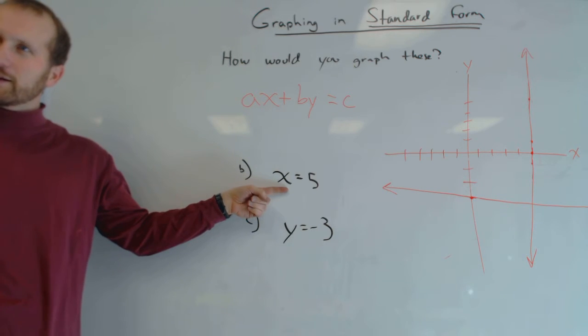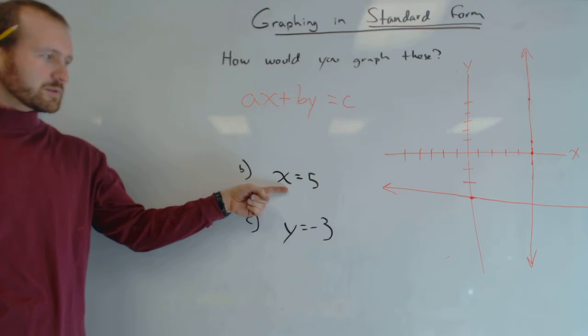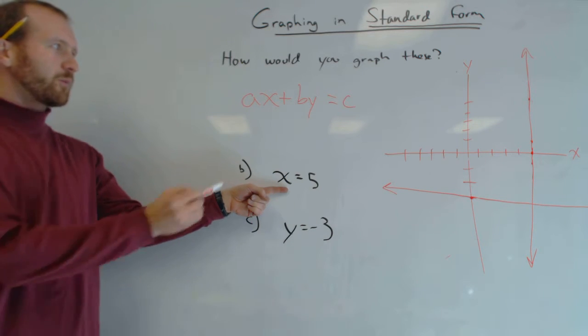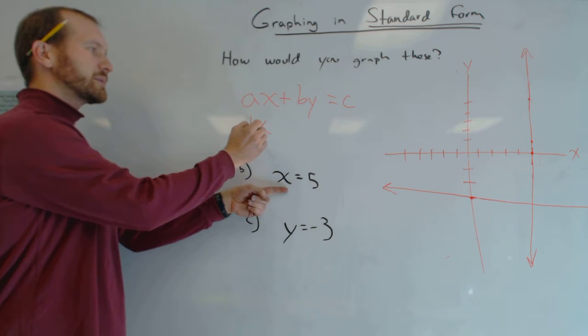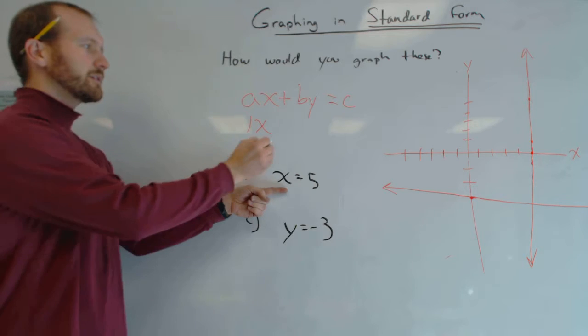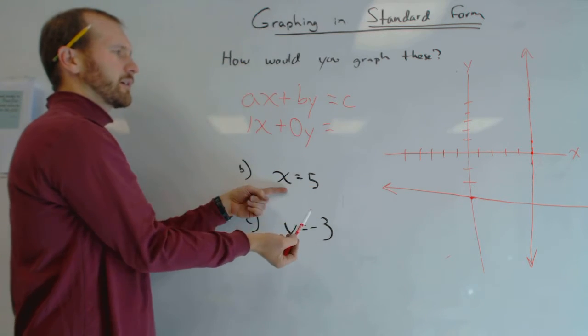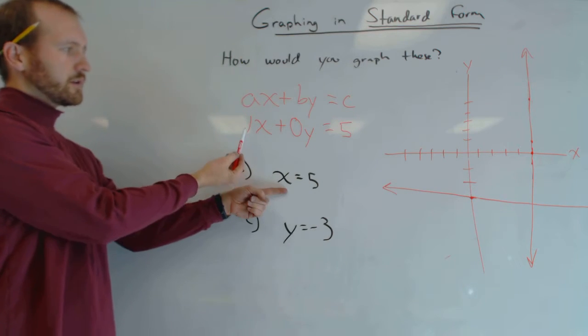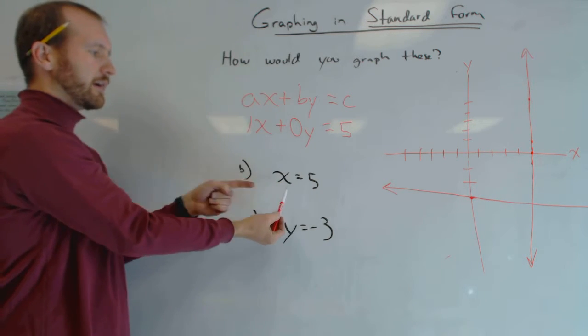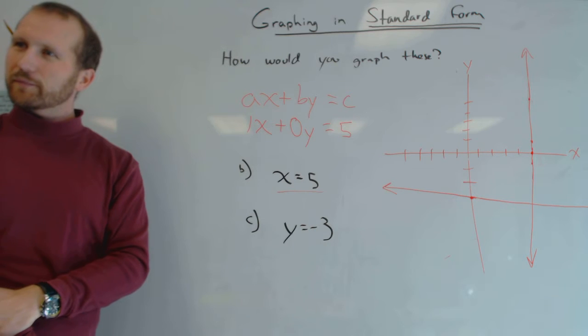What's A? A is 1, right? 1x. What's B? 0. And what's C? 5. So 1x plus 0y equals 5. X equals 5. And it looks the same way.